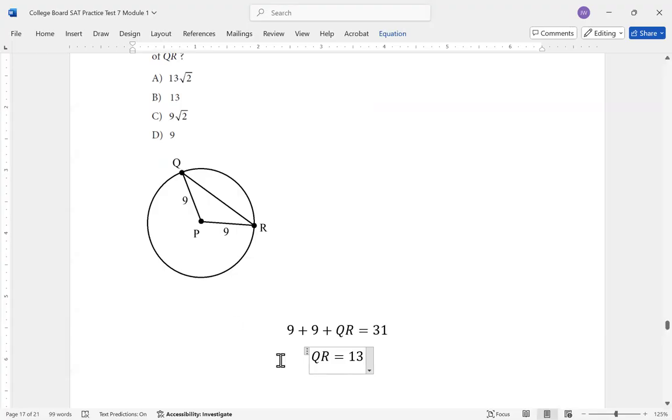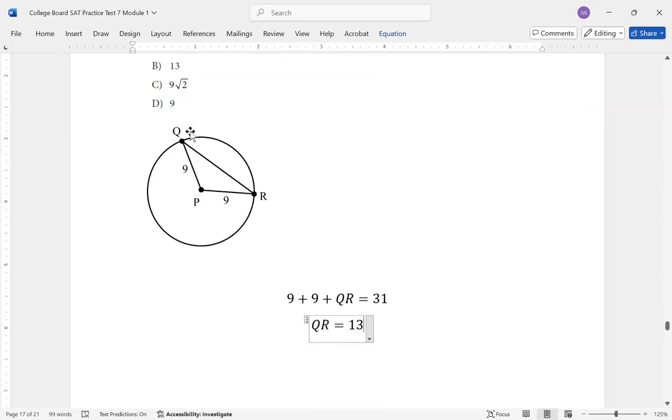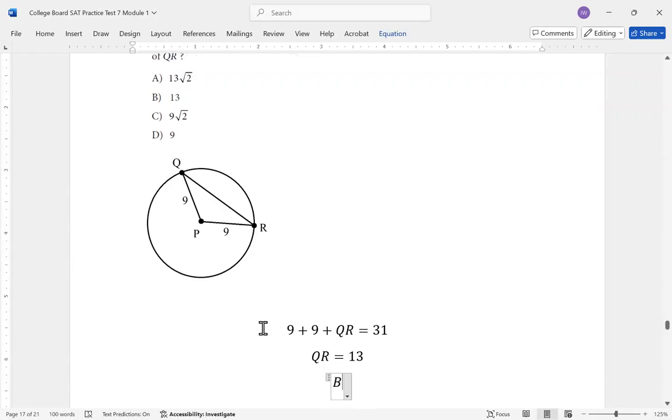So Q to R has distance 13, and that is option B. So option B is the correct answer. 13 is the length from Q to R. I like drawing things when I do get stuck, even if it's a fairly easy problem. Drawing sometimes makes it even easier.